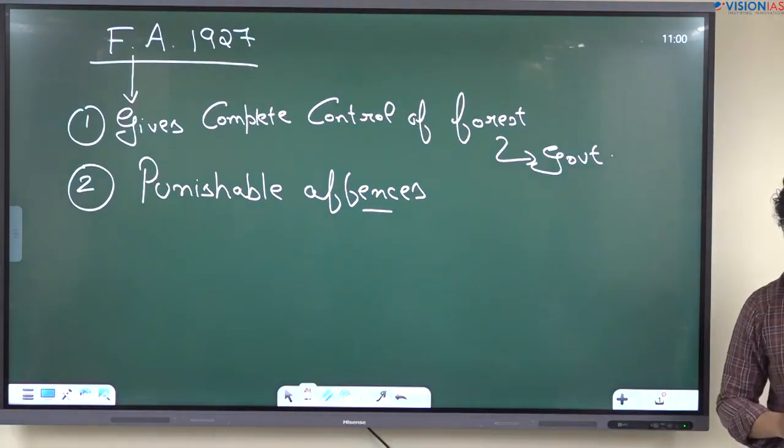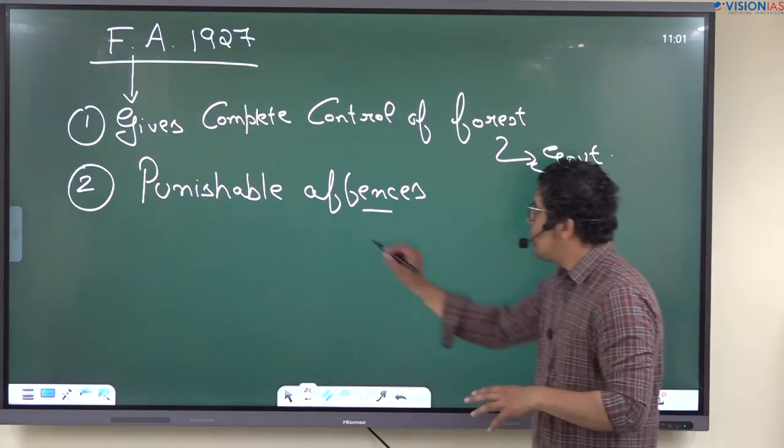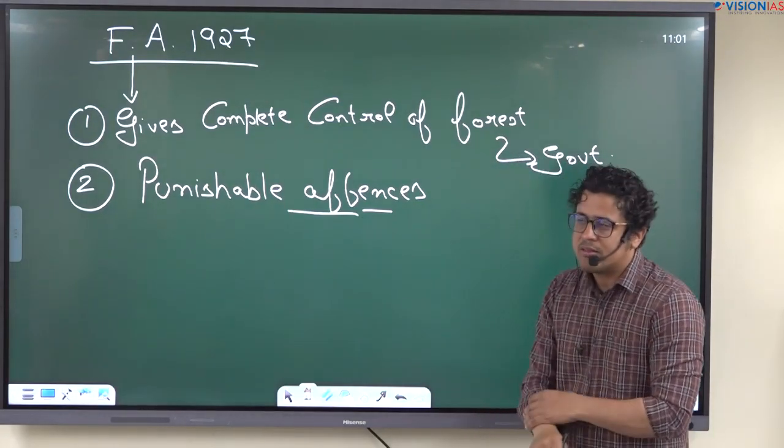It is a punishable offense. You cannot take your animals inside for grazing. You cannot start a fire in the forest. All are punishable offenses. If a person is caught doing these, then punishment would be given to him under this act. So that is why this act is followed, because it defines punishable offenses.